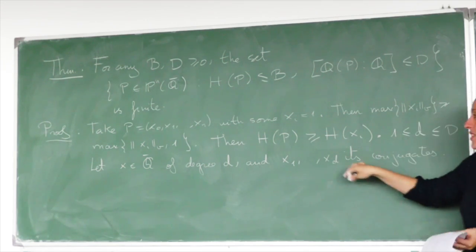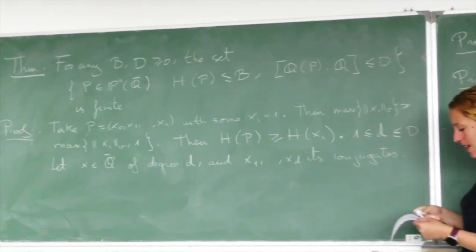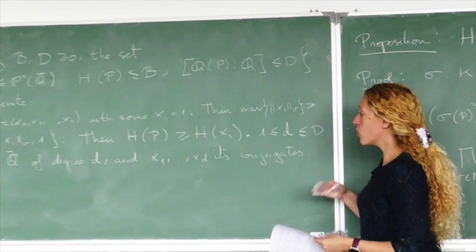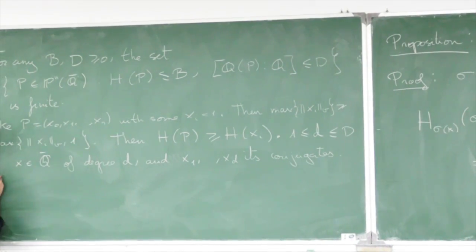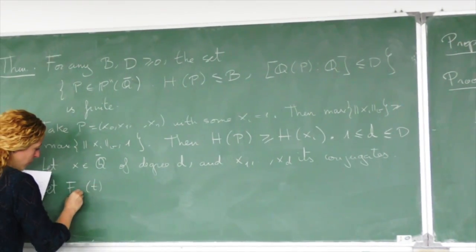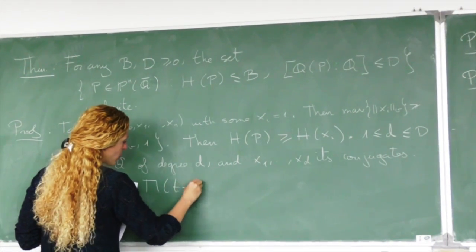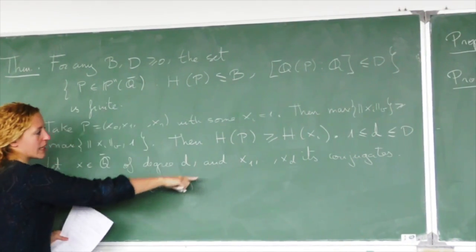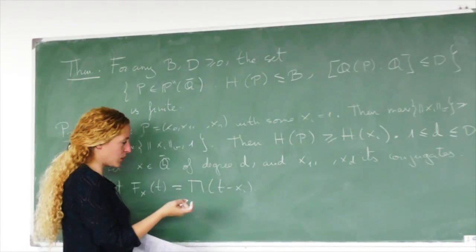In particular, one of those is actually equal to x, and all the other ones are the other conjugates. So I have these d conjugates. Now I can take its minimal polynomial. Let f of x, I'm going to call the variable t, be equal to the product of t minus x_i, the conjugate ones. So this is the minimal polynomial.